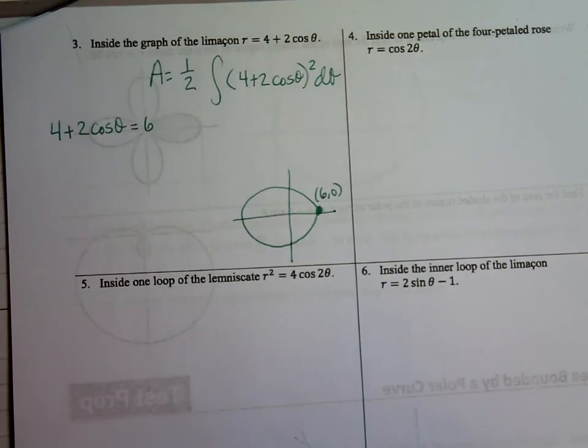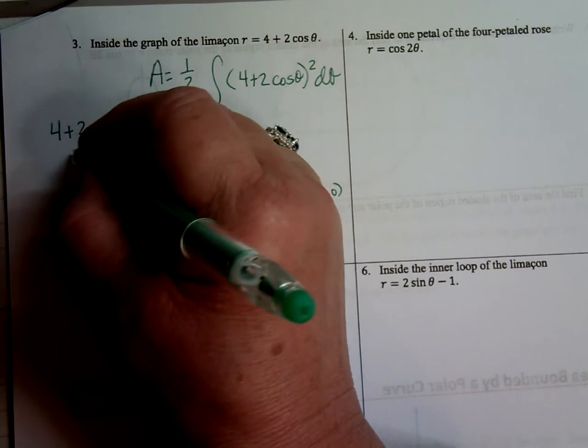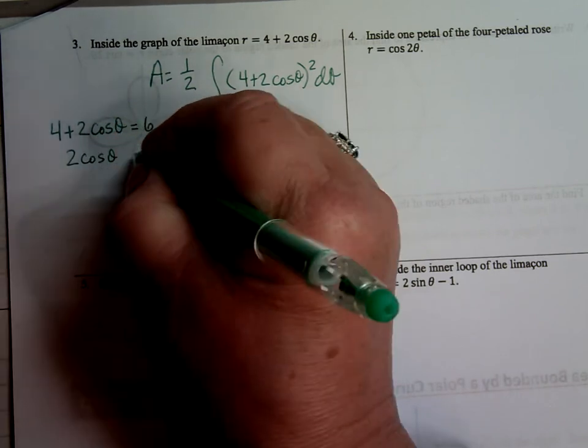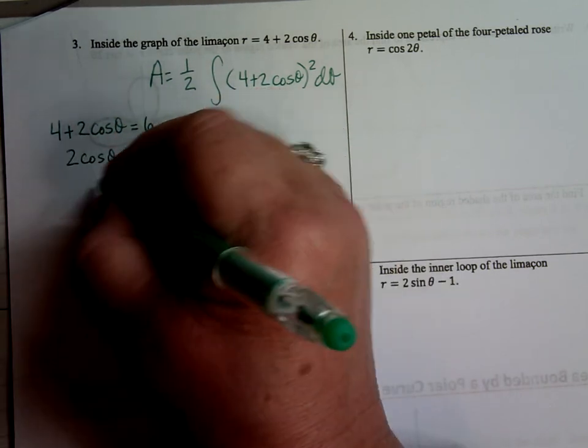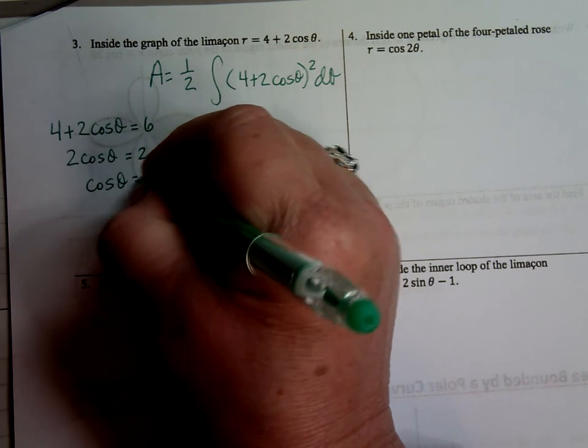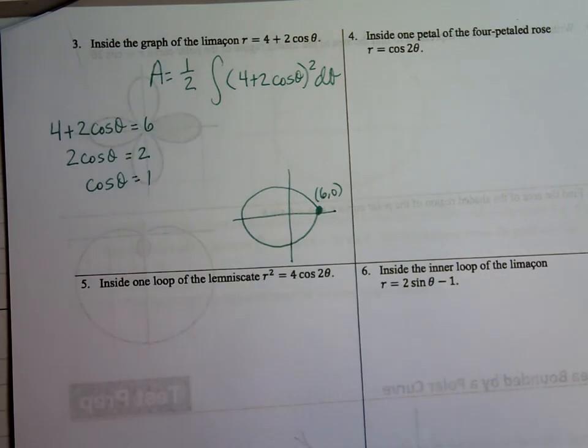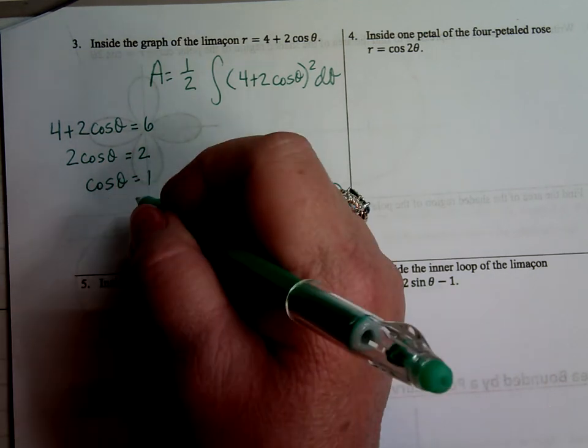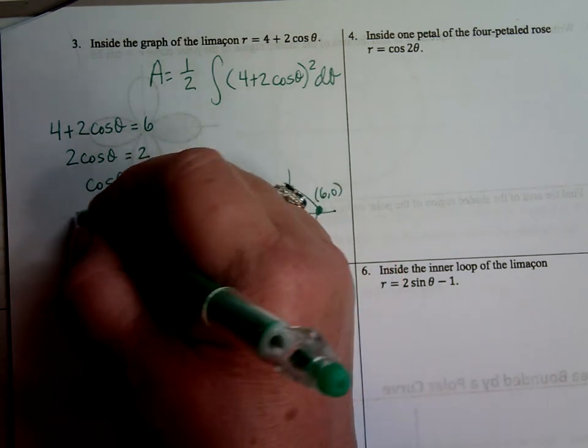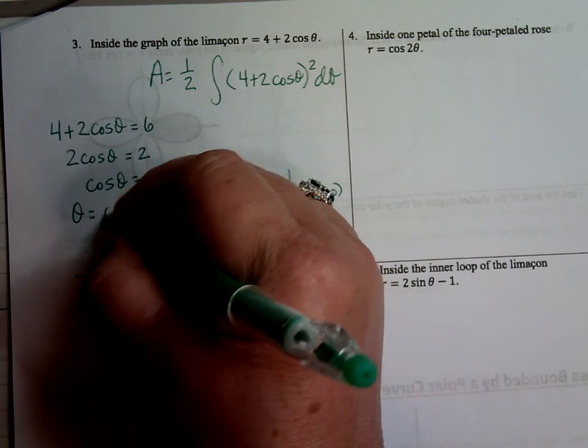So I'm going to subtract 2. That gives me 2 cosine of theta equals 2, or the cosine of theta equals 1. Now you go to your unit circle, you figure out, well, where is the x value 1? And it is at 0 and 2 pi.